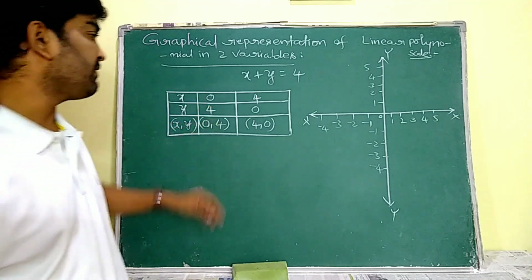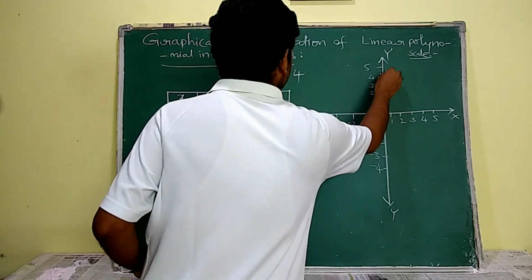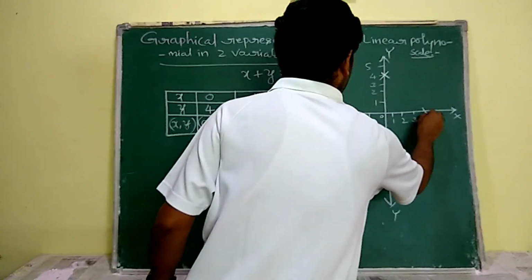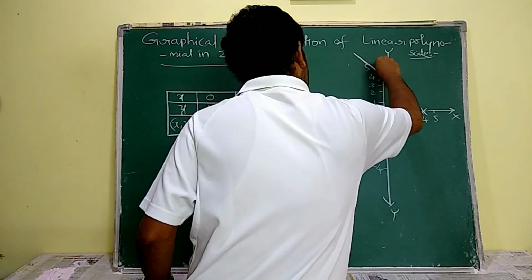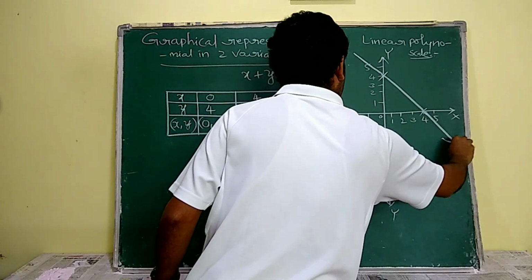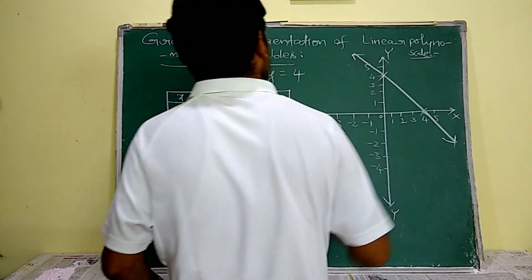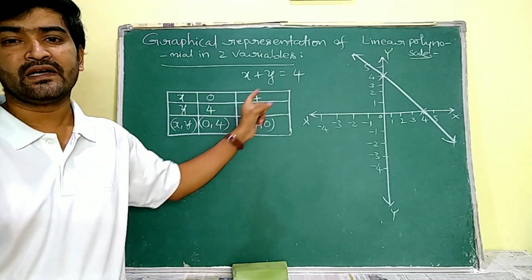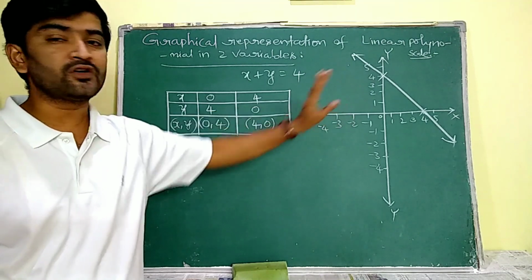Plot the point (0, 4). (0, 4) lies on the y-axis. (4, 0) lies on the x-axis. Join these two using a scale. This is your graph. Now see, this graph touches the x-axis at (4, 0).